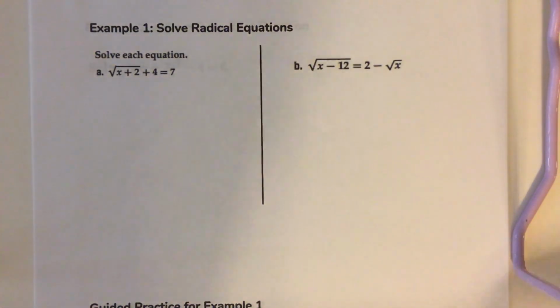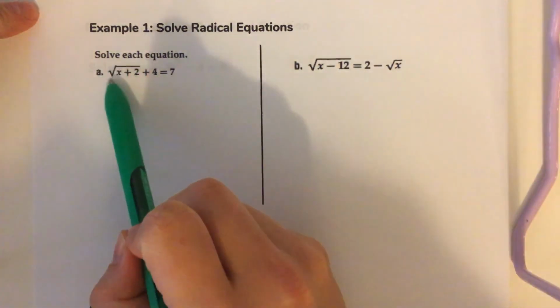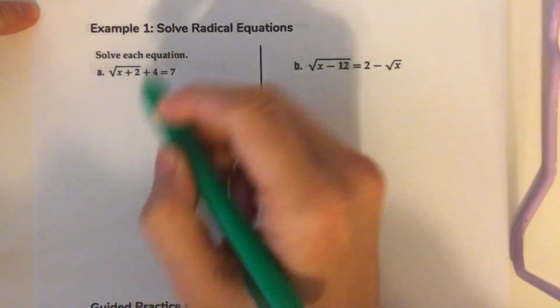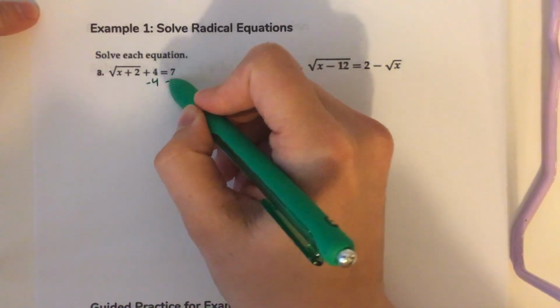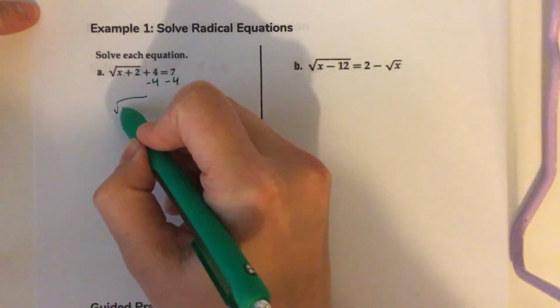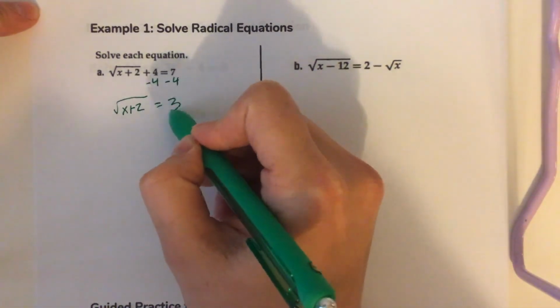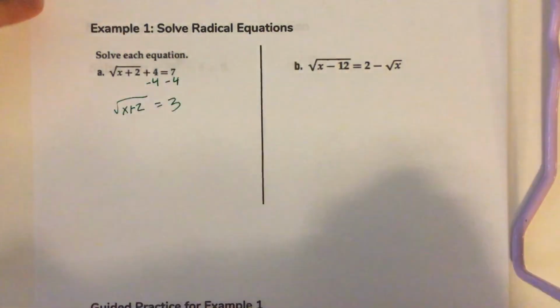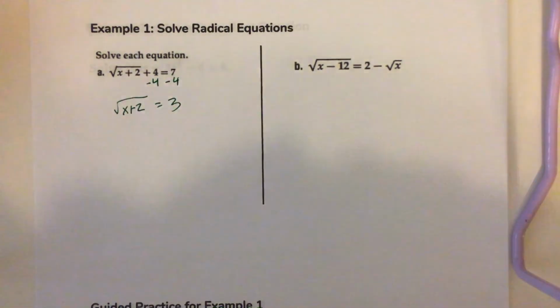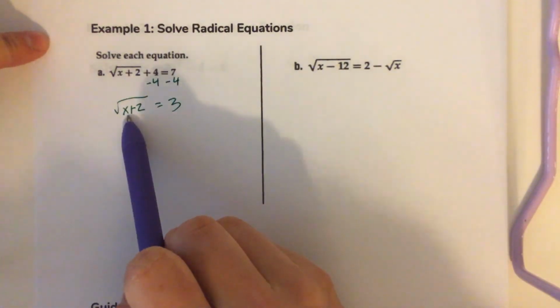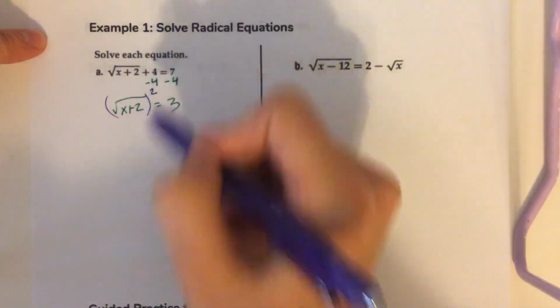Example 1, solve each equation. So our first step is to isolate the radical. So we want to isolate this expression right here. So we need to get rid of this plus 4. Well, just like when we're solving equations, we can subtract it from the other side to get that the square root of x plus 2 equals 7 minus 4, which is 3. From here, to get rid of this square root, I'm going to square it.